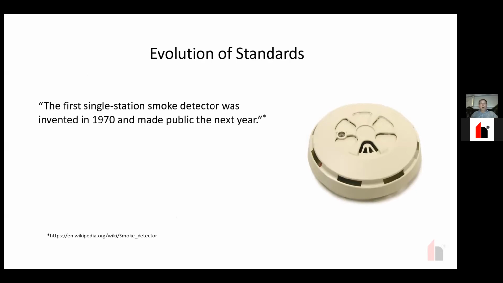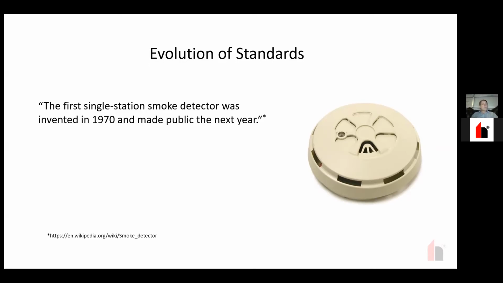The cost for these detectors back in the mid-70s was about $125 each. But even in spite of that cost, which was quite expensive at the time, these detectors started selling. In fact, they sold hundreds of thousands of them per year.